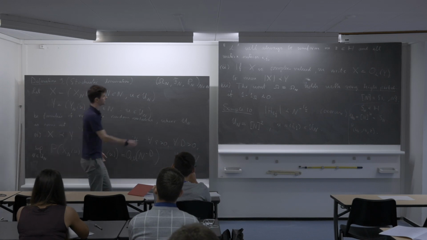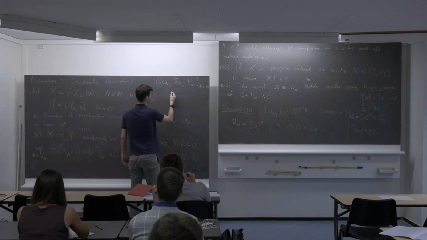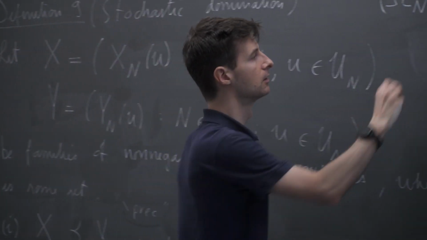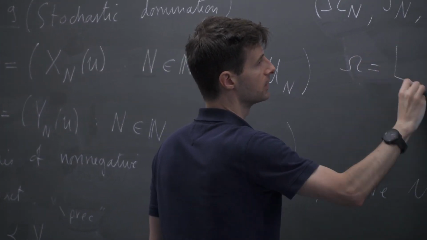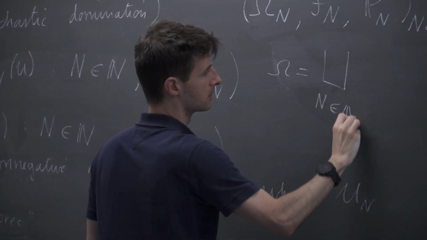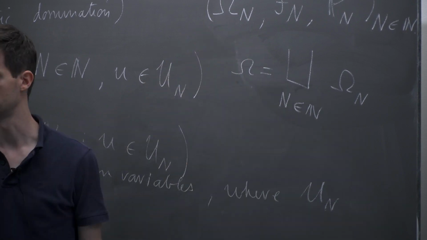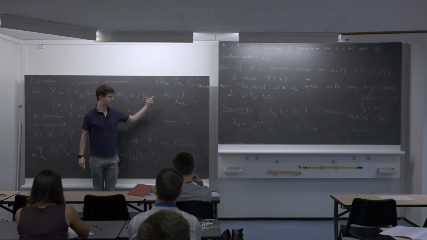And if you wish, of course, you can put all of these together: you can take the disjoint union of all of these probability spaces, and that would be your probability space. So this is the good point of view.